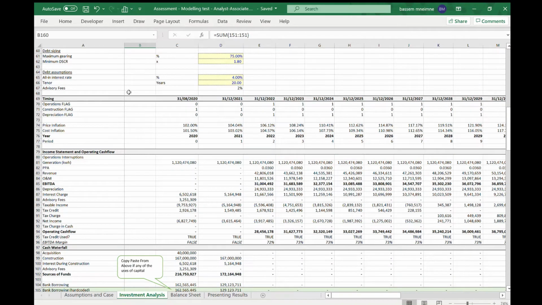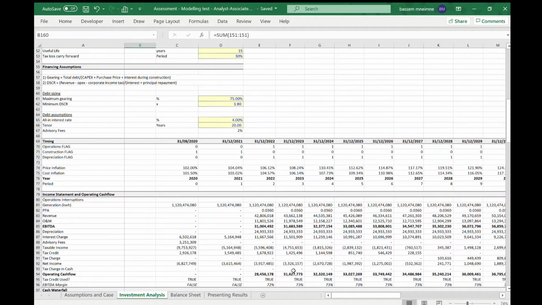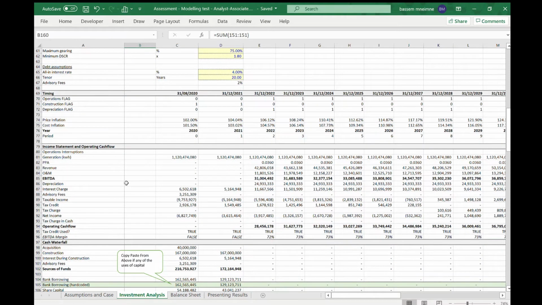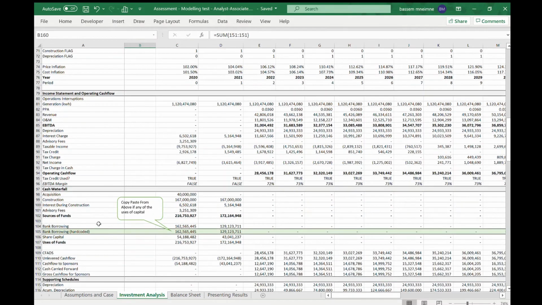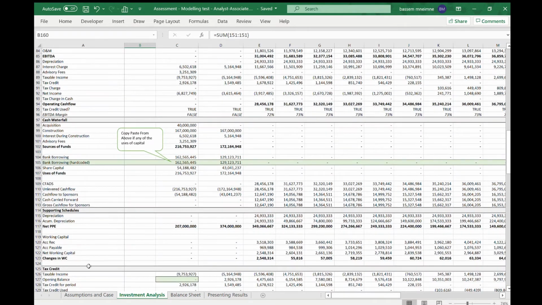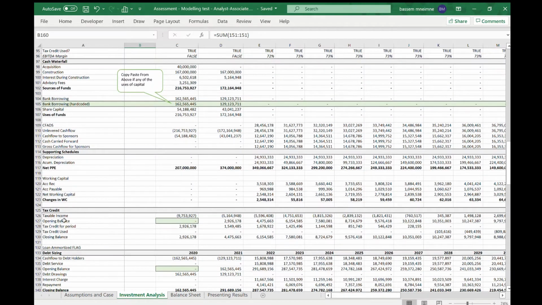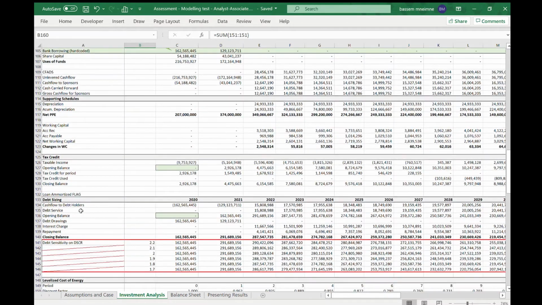So this is where I do all the calculation of the model, and it is split between the timing, the operating statement and operating cash flow, the cash waterfall, and the supporting schedules, the tax credit, which goes into your balance sheet, and the debt sizing.